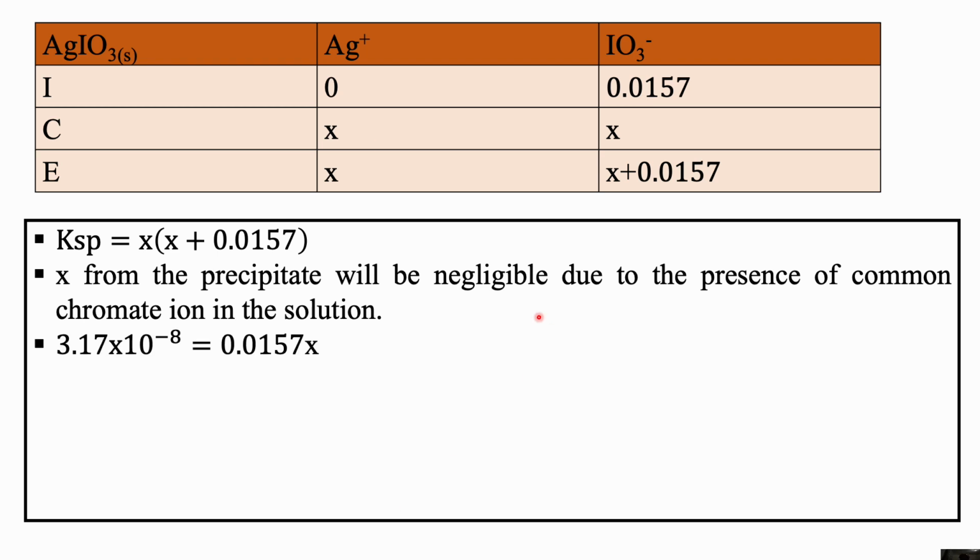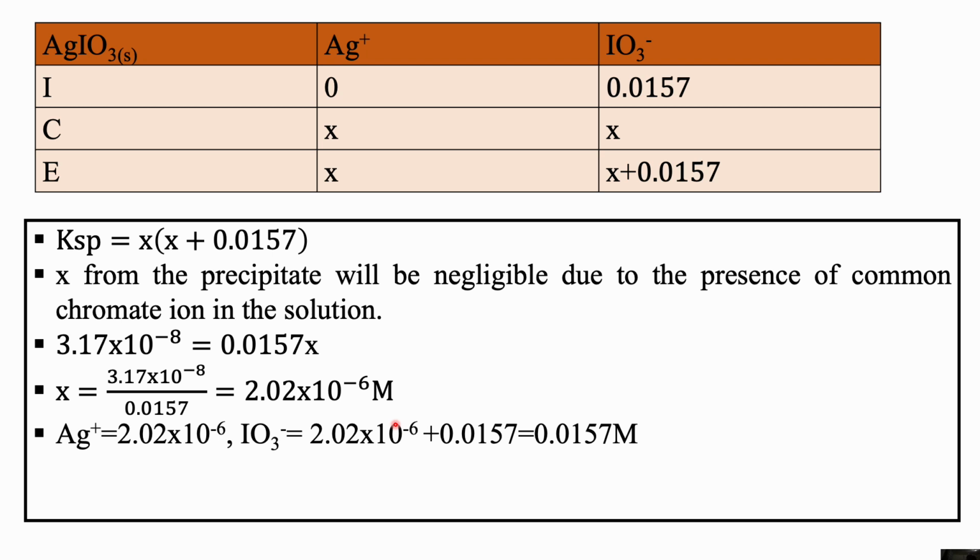Then the concentration of x will be the concentration of silver, so the concentration of silver will be this one at equilibrium. Then we determine the concentration of iodate at equilibrium by taking x plus this one. Then you get this one as the iodate at equilibrium.